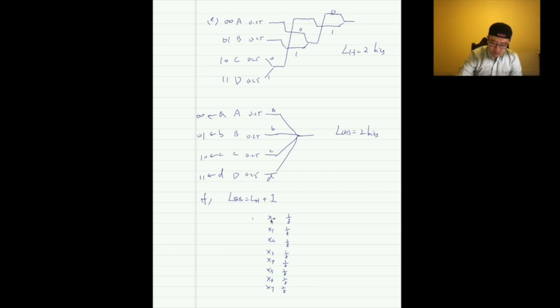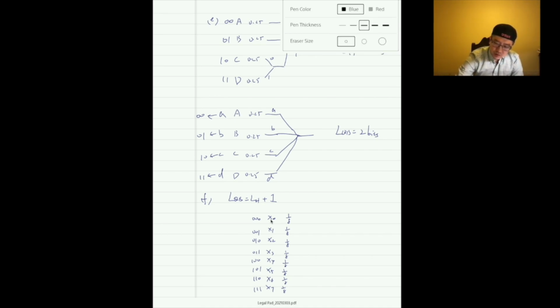So in this case, let's assume we can do the Huffman procedure, and we should be able to get something like 000, 001, 010, 011, 100, 101, 110 and 111, right? So those are a possible configuration of the Huffman codes. And in this case, what we would like to do is that all of them are odd, right?